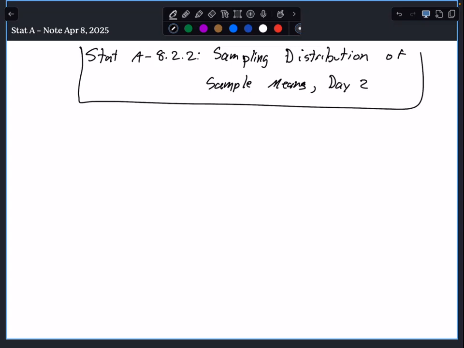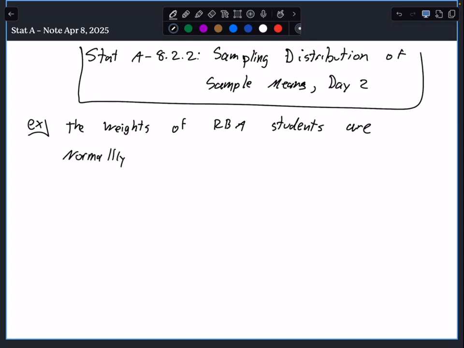So here is the situation. The weights of RBA students are normally distributed. Now, basically, this initial question and the wording of everything is identical to last unit.